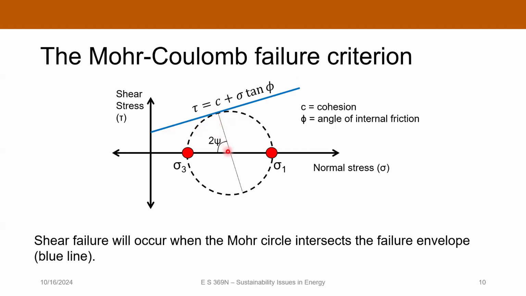So you need your state of stress to be such that your Mohr circle does not touch this failure envelope if you want to avoid shear failure. Okay, so that's what this failure mechanism represents.